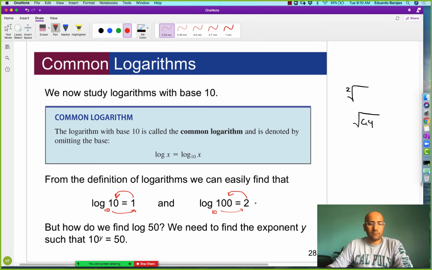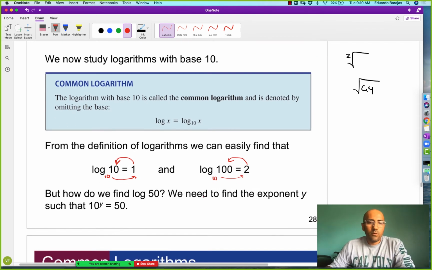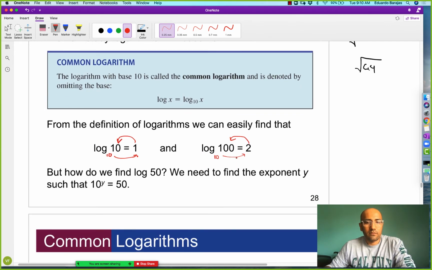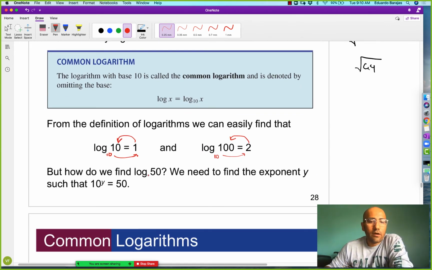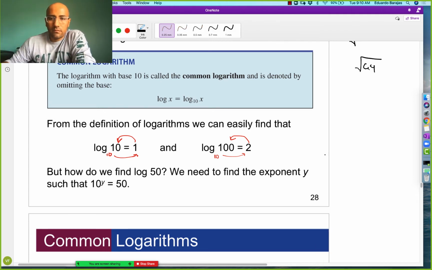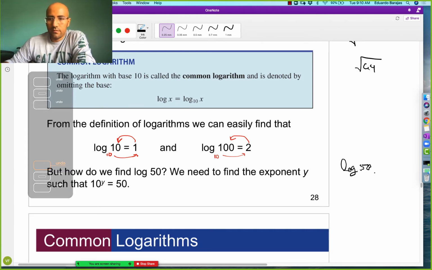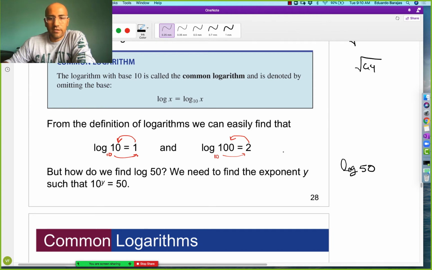That's true. Okay. And then, what if they're not whole number values, if they don't work out quite as nicely? So if we have log of 50, all right, by default there must be a little 10 here.